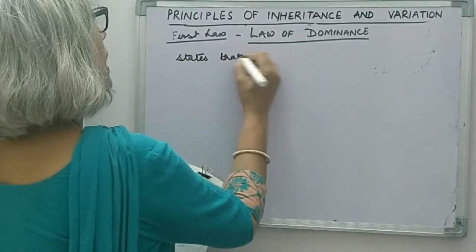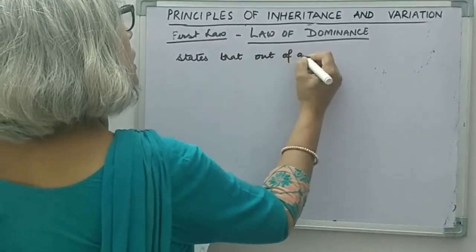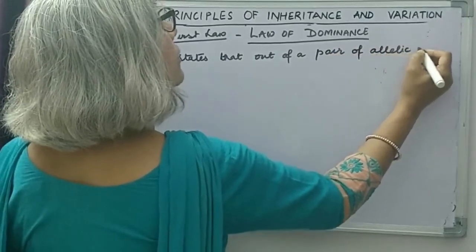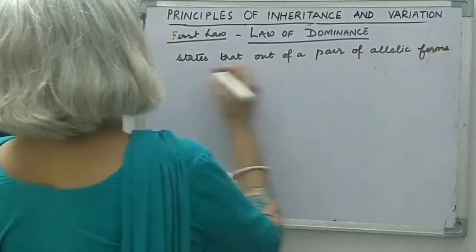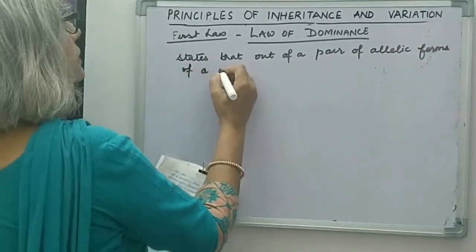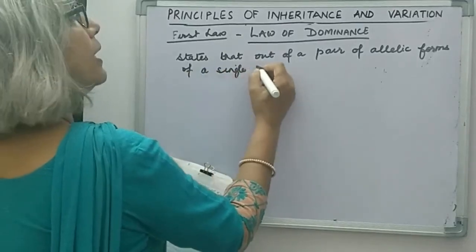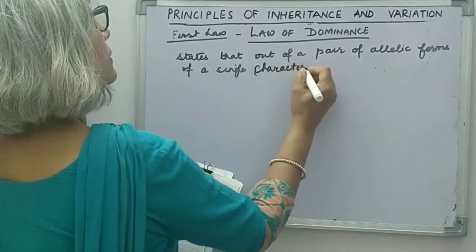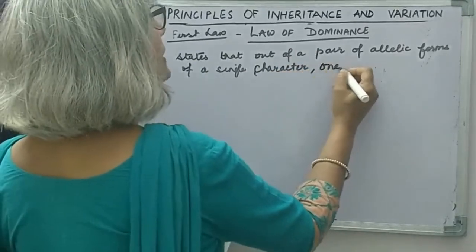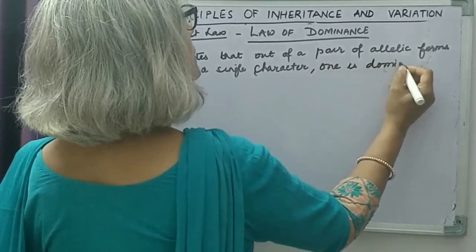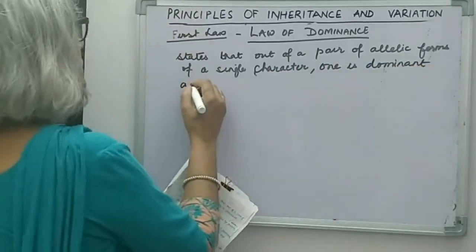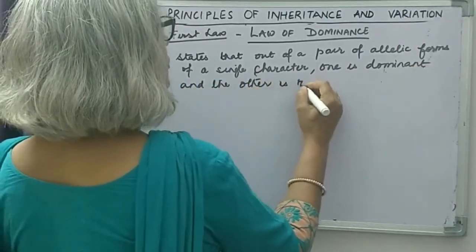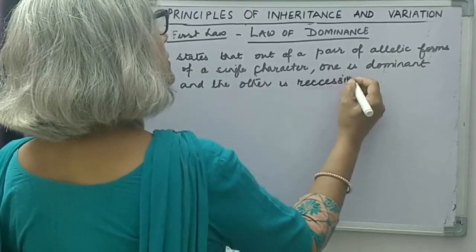that out of a pair of allelic forms of a single character, one is dominant and the other is recessive, that is not expressed.